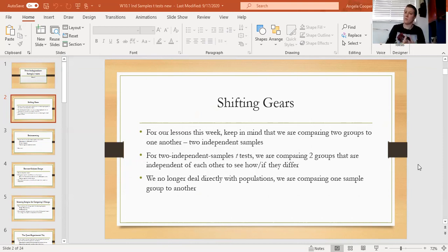But now we're not really looking at populations. We don't have the population mean or standard deviation or any of that. Now we're using two independent samples to generalize to the populations they are samples of, and making conclusions regarding those populations.